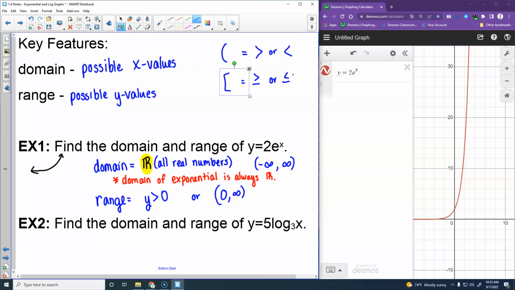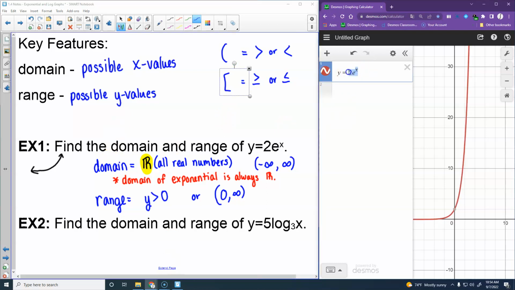But if it is not included, which is going to be the case most of the time with our exponentials, we will use a parentheses. I will go ahead and tell you, for exponentials and logs, because they have asymptotes, if you have a vertical or a horizontal asymptote, that's going to be a parentheses. Because when you have an asymptote, you never actually touch that point. So we won't see a lot of brackets today. They will show up when we do some different types of functions there.